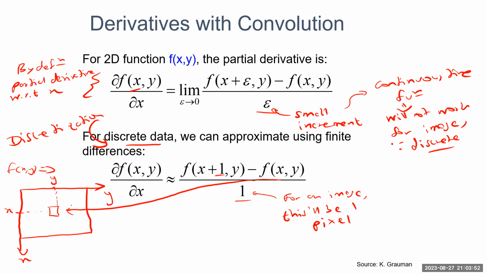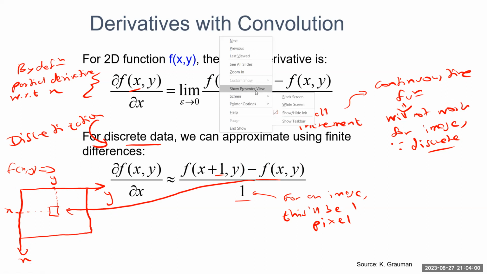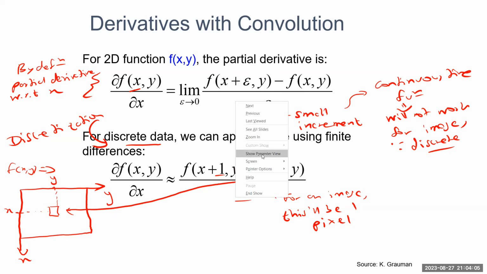What we are doing is, x plus 1 is what? x plus 1 is this pixel. Can't I change the color of this? Sure, I can.